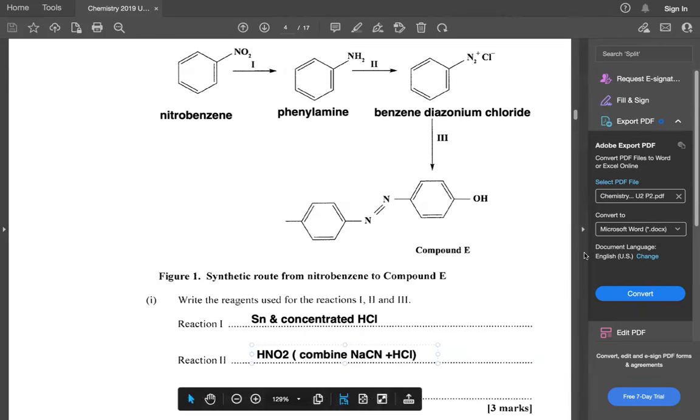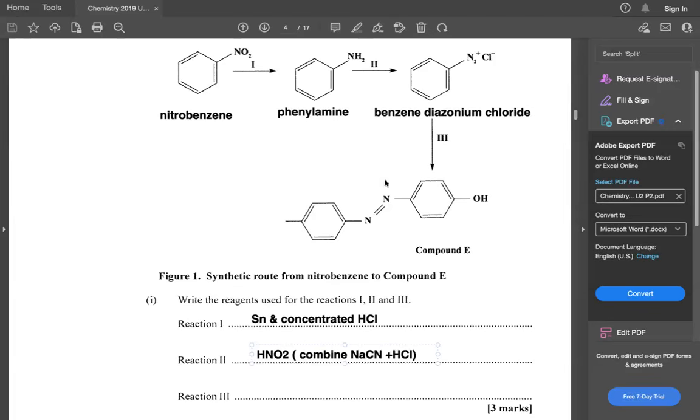So then third and finally, they want us to say, how are we going to get from this benzene diazonium chloride to compound E? And if you look at compound E, you'd realize that we still have this structure, right? But now what we have is the addition of a phenol group to it, right? So this is a benzene ring with an OH on it. We call it a phenol. So we have a phenol group on it.